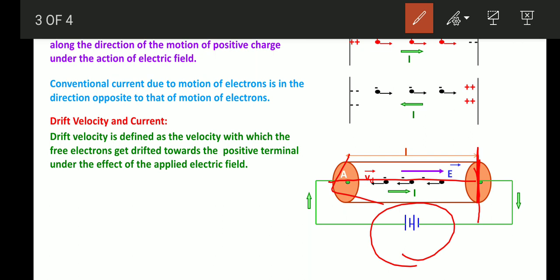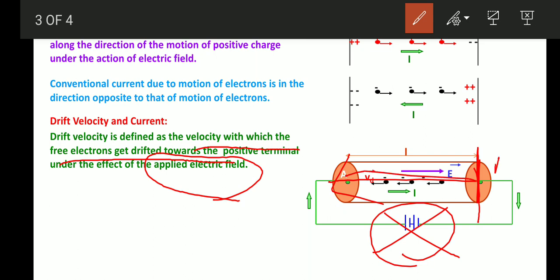That is why it is called drift velocity. It is the velocity with which free electrons get drifted towards the positive terminal. This happens only when an external electric field is applied. In the absence of an external electric field, the electrons do not move from one terminal to the other, so you cannot get current. That is why we do not get electricity from a normal wire.